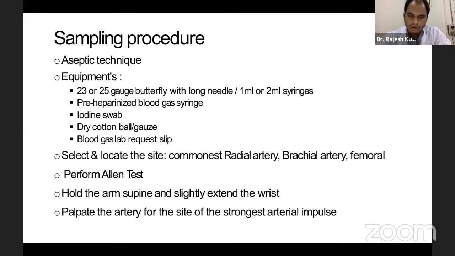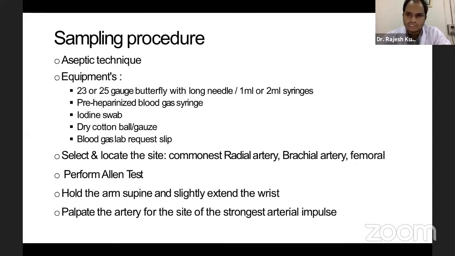So now how to do it? You have to maintain all aseptic precautions. The equipment you will require for ABG is just a simple 23 or 25 gauge needle with a 1 ml or 2 ml syringe. Don't use a 5 ml or 10 ml syringe for an ABG.